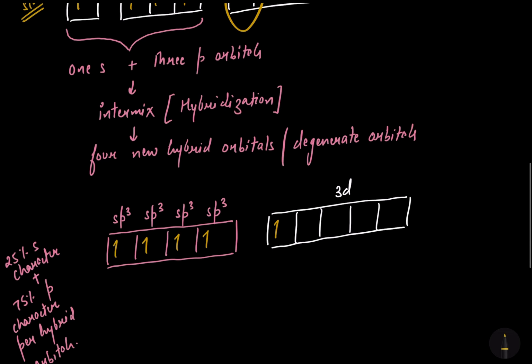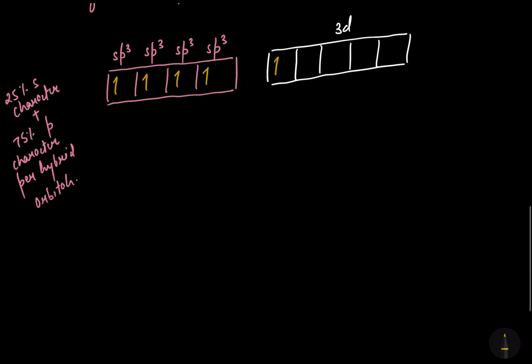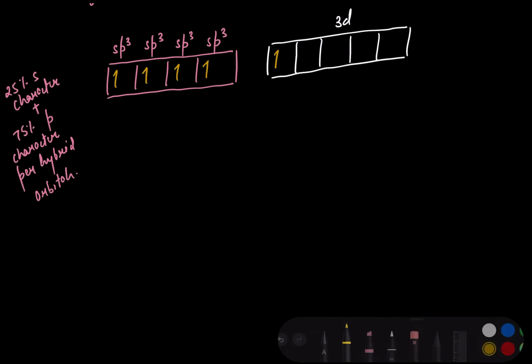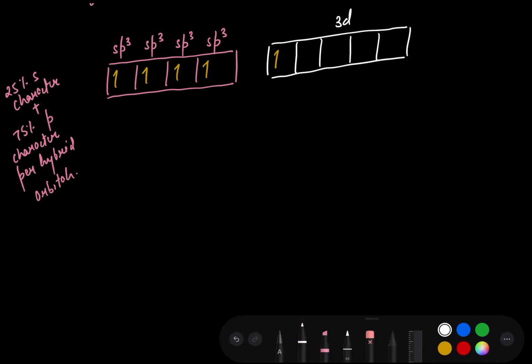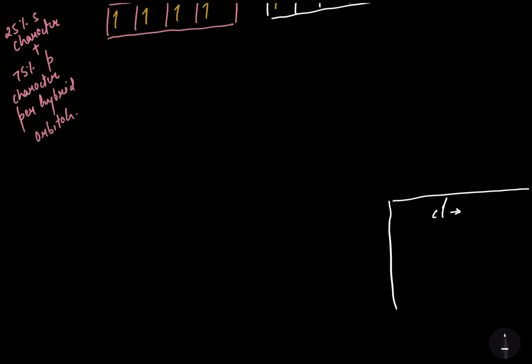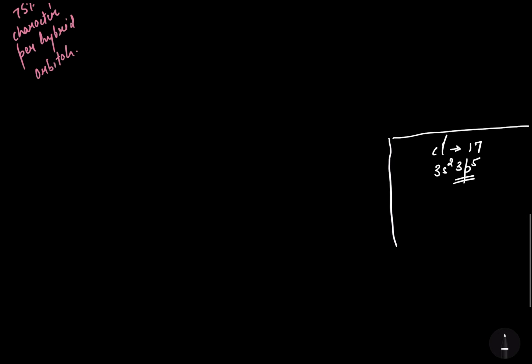Now what next? Now let's talk about the chlorine. What's the atomic number of chlorine? That's 17. So the valence electronic configuration will be 3s2 3p5. So we need to draw the 3p subshell.